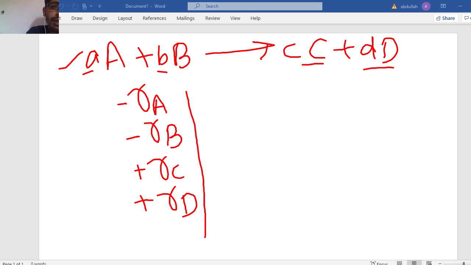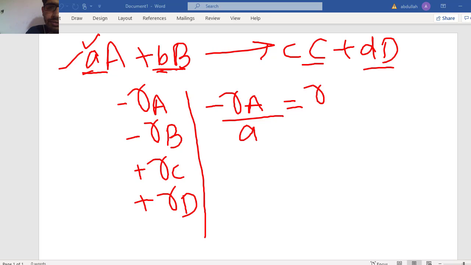So the relative rate of A will be minus R_A divided by the stoichiometric coefficient of reactant A, and this will be equal to the relative rate of B, minus R_B divided by the stoichiometric coefficient of B. As A and B are being consumed, there will be a minus sign.